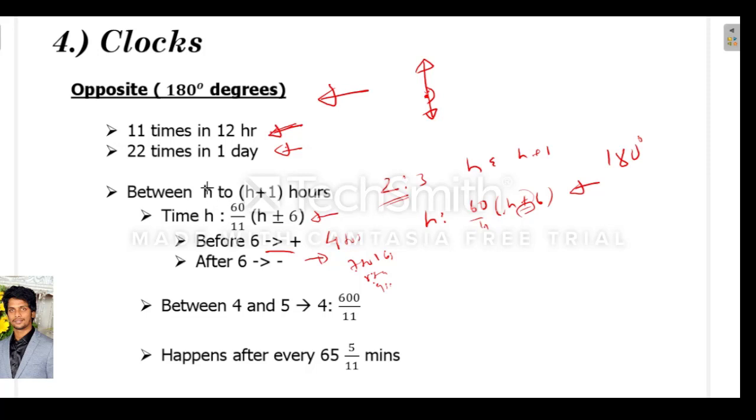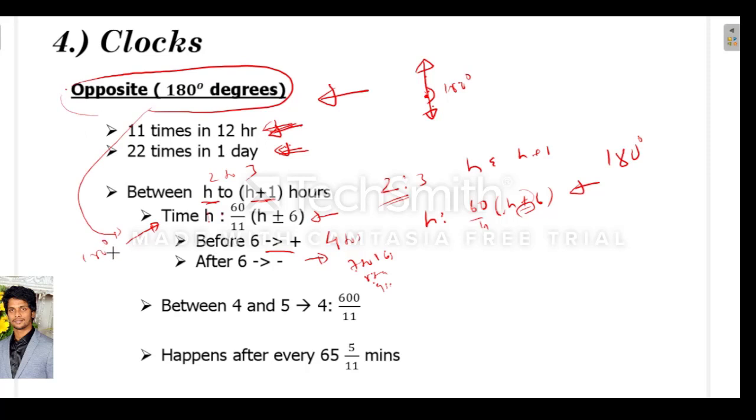I'll explain again. This opposite means the angle between the minutes hand and hours hand should be 180 degrees. So it happens 11 times in 12 hours and 22 times in a day. So between any time like 2 to 3, let's say between h to h plus 1 hours, at h hours and 60 by 11 h plus or minus 6 minutes, the angle between the minutes hand and hours hand will be 180 degrees.